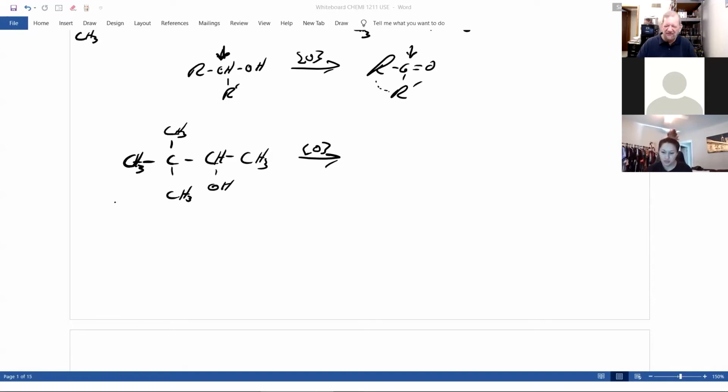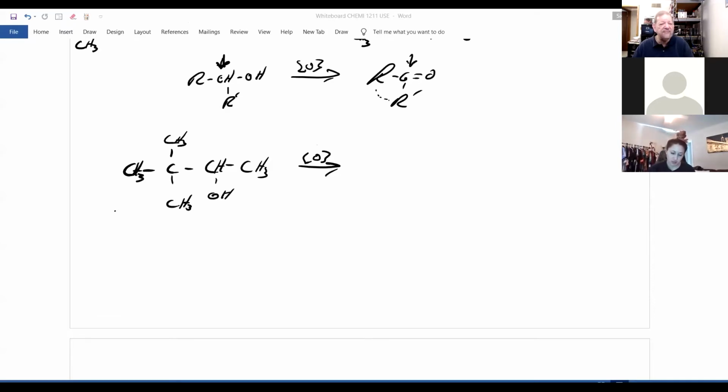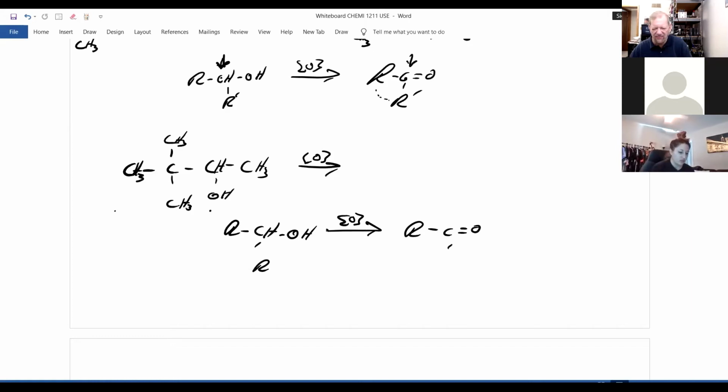No, that's natural. All right, let's do this. What's different? And what did I do here? I did the wrong example. Well, here it's oxidation, secondary alcohol. And you get a ketone. And what's R?